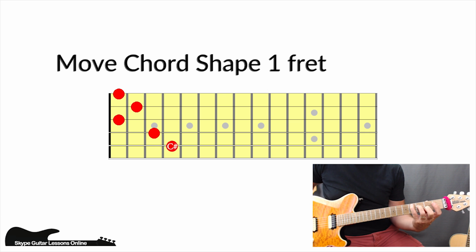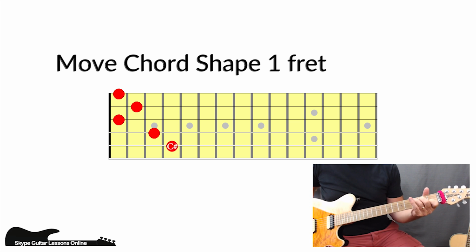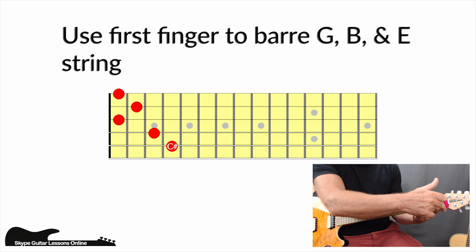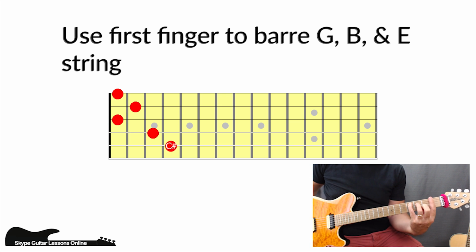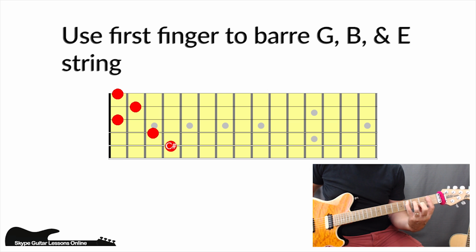So I could move this part of the chord forward, but I can't move the note because 2 of the notes when we play the open chord are using the open strings. So if I wanted to move this chord, I would actually have to bring the 1st finger in here to play the bar.